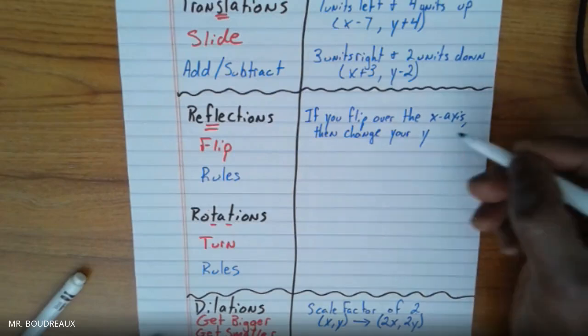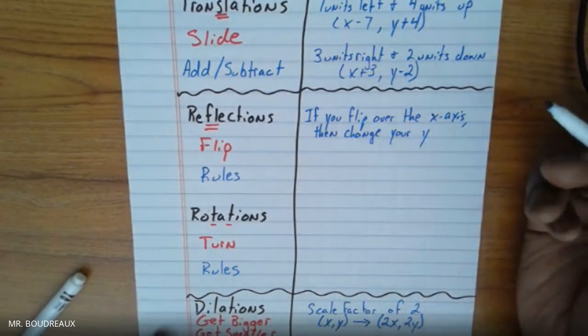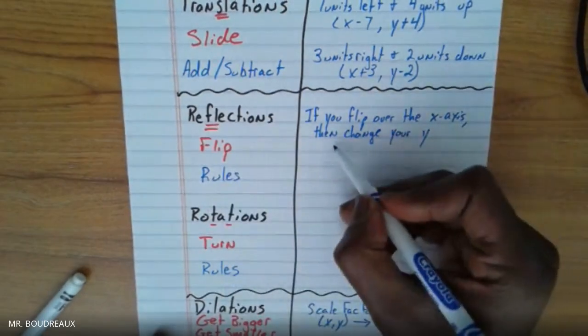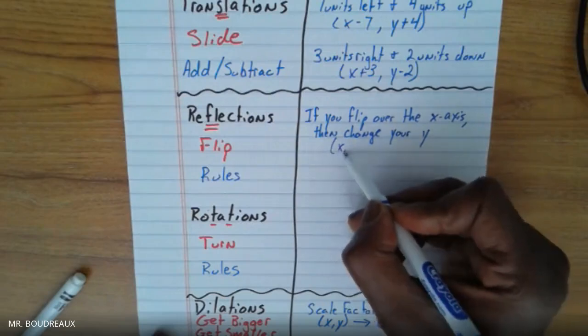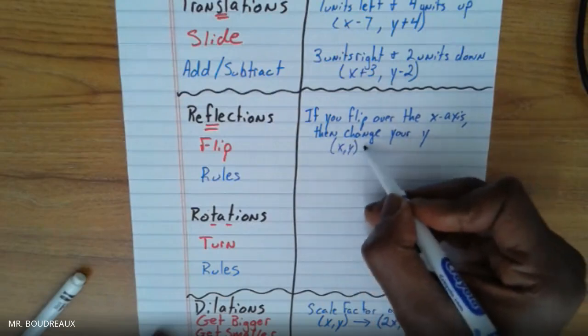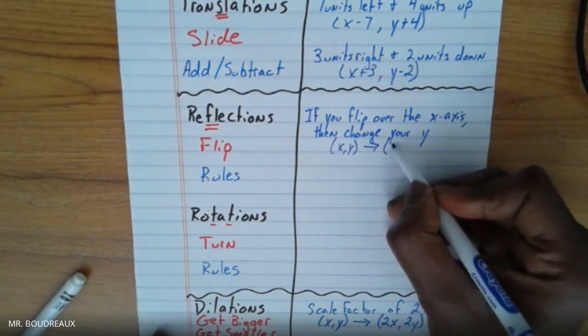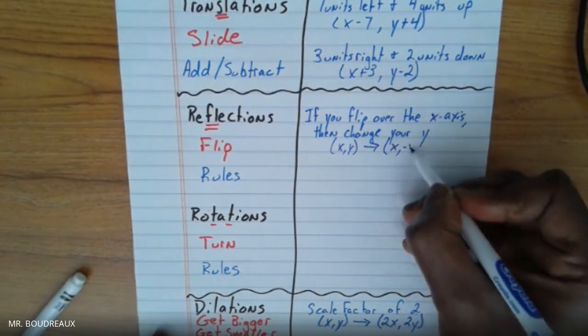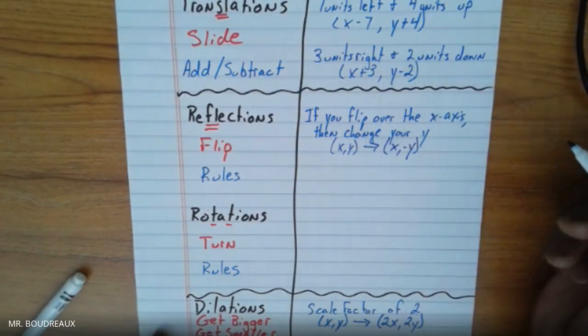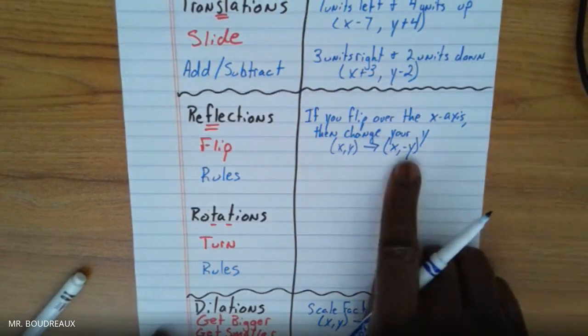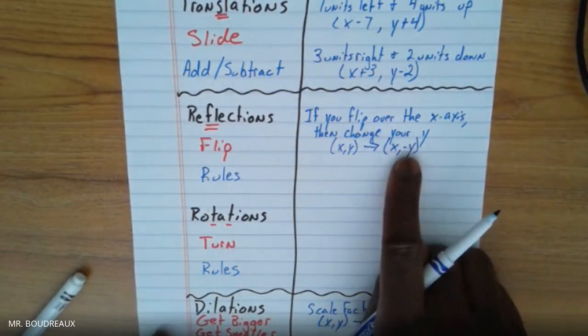What that means is I'm going to start off with x comma y. I'm going to see some type of transformation. My X is going to stay the same, but then my Y changes. See how the Y changed? Now the Y is negated.